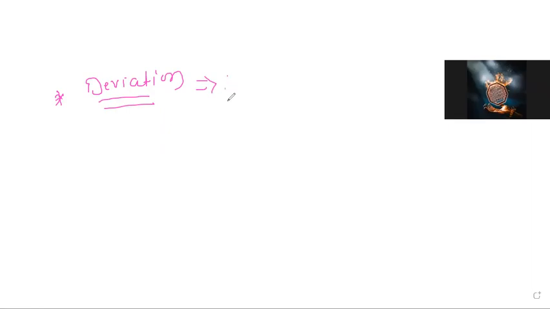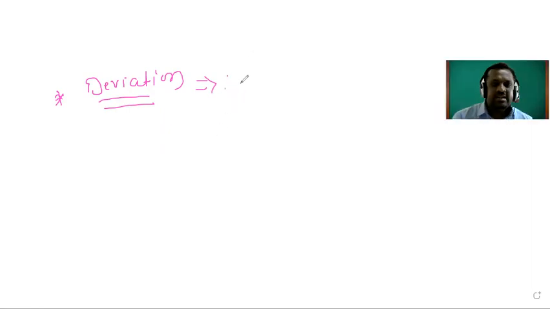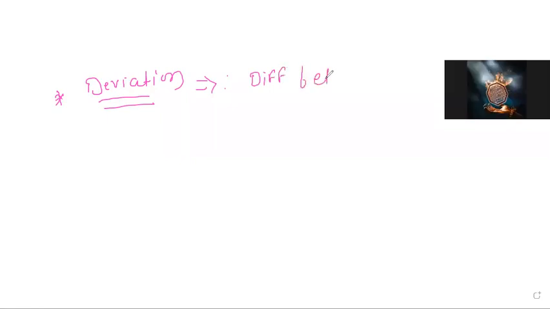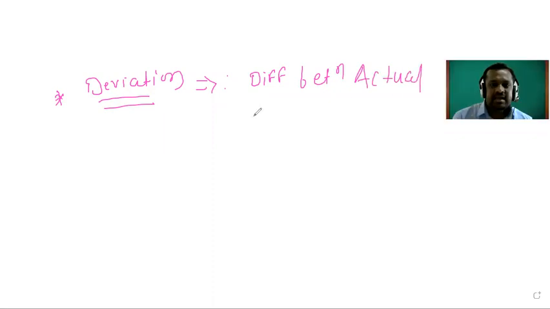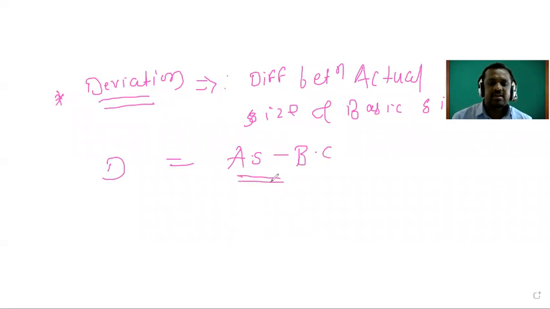The difference between actual size and basic size. Like this, the deviation is equal to actual size minus basic size. So it is called a deviation.